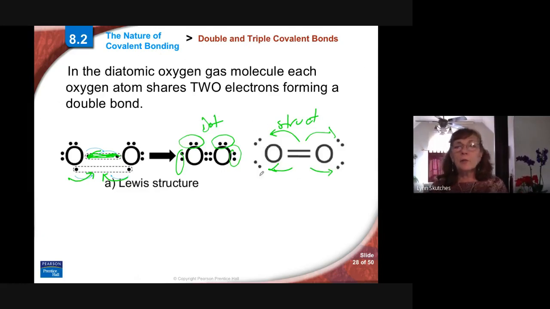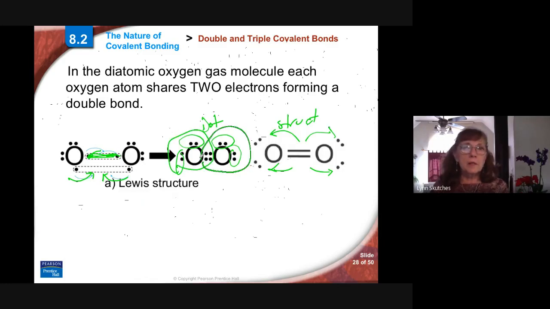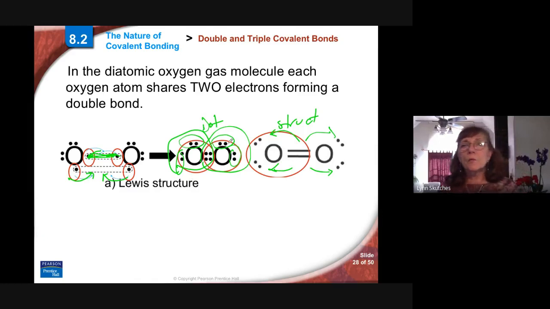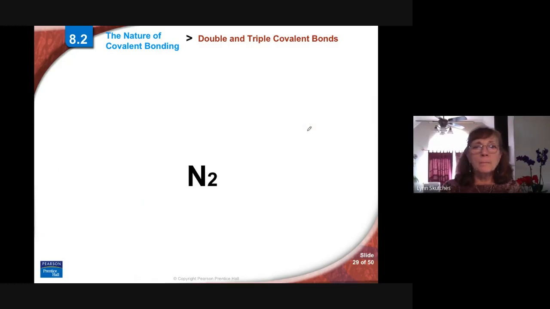I don't care if you put them at an angle. That's not critical to me at all. I want you to be sure and remember to put them on the diagram, though. And again, 8 and 8. One, 2, 3, 4, 5, 6 plus 2. 1, 2, 3, 4, 5, 6 of its own plus 2 from this one.